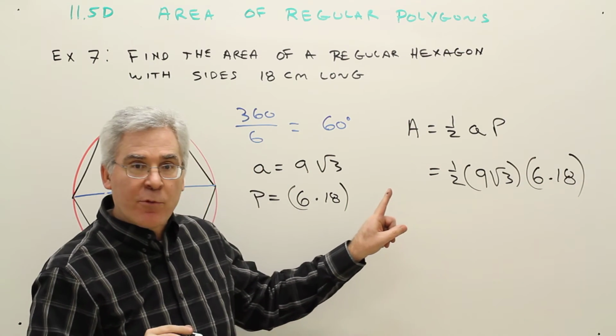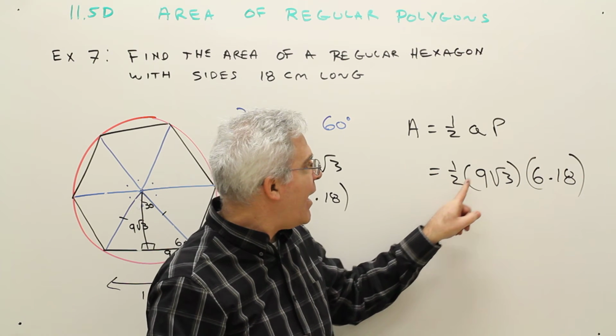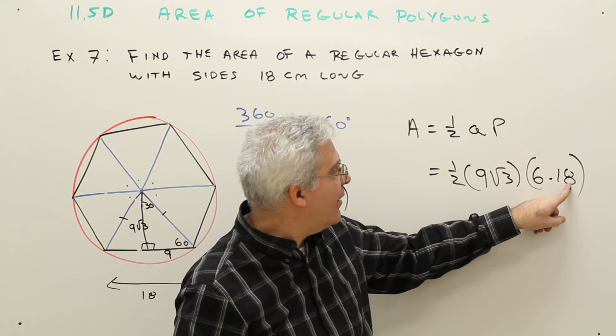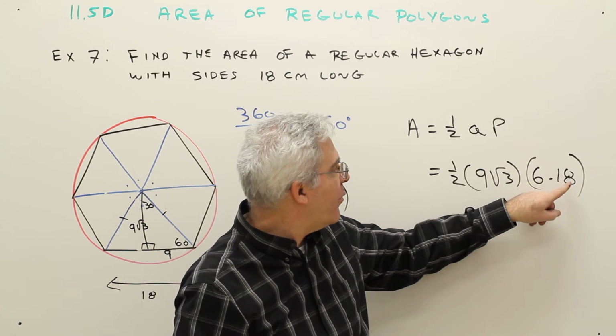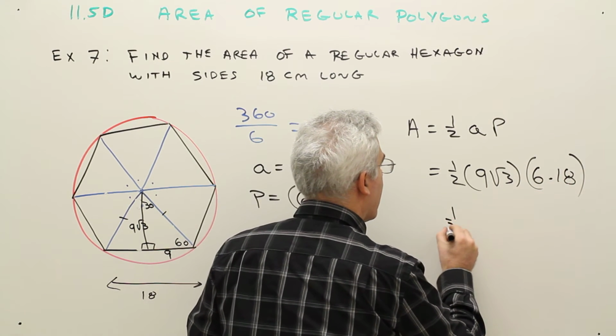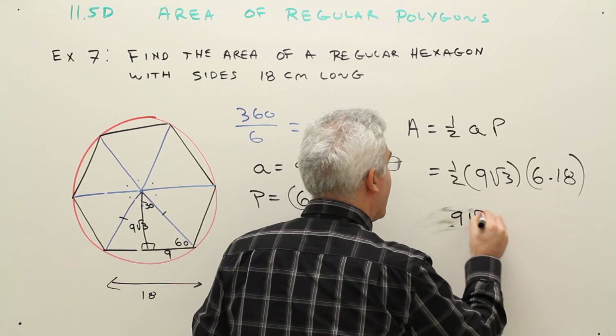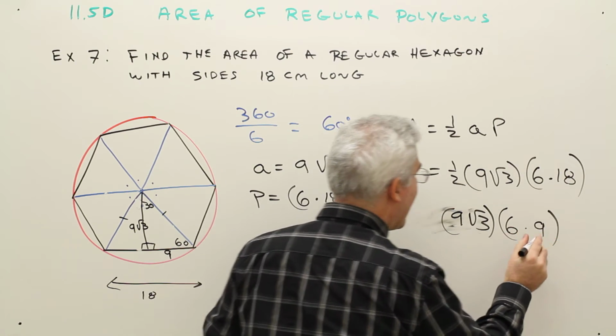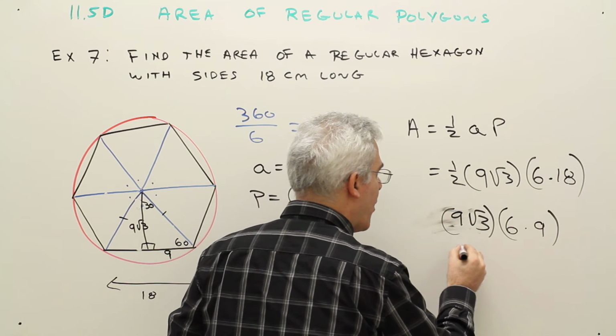All right, so if I was doing this without a calculator, 1/2 of 18 would be 9. I'll just show my work. So this will be 9 rad 3 times 6 times 9. 9 by 9 will be 81.